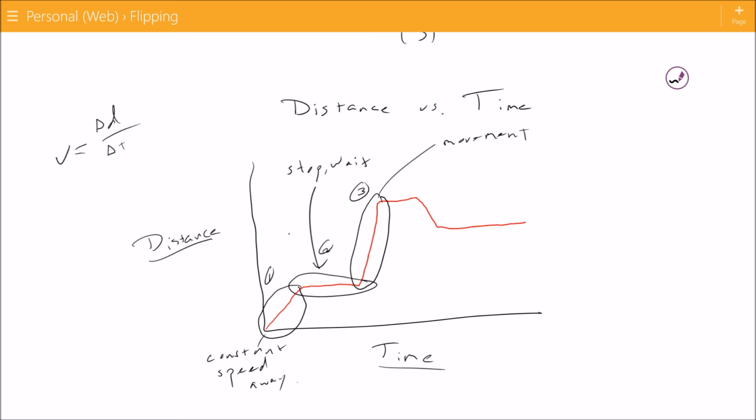Okay, let's continue our story. What's going on up here? In this fourth section, time continues, but there's no more movement. Oh, now what about there? In this fifth section, what's happening to the position, to the distance from the starting point?